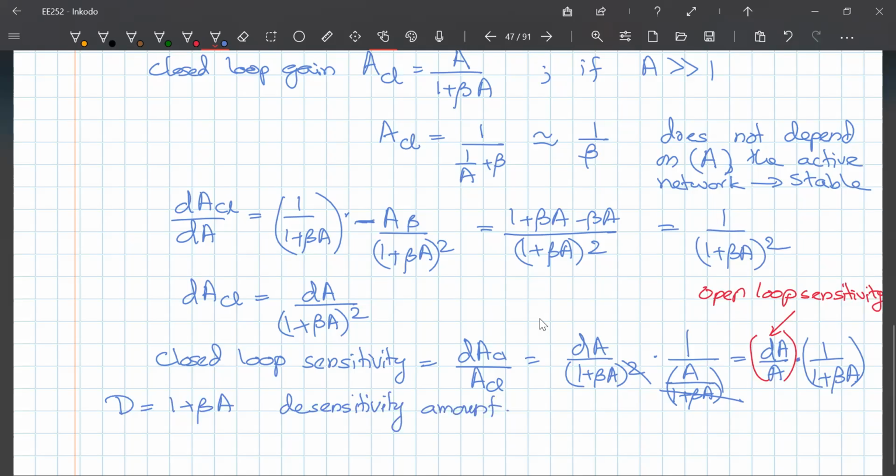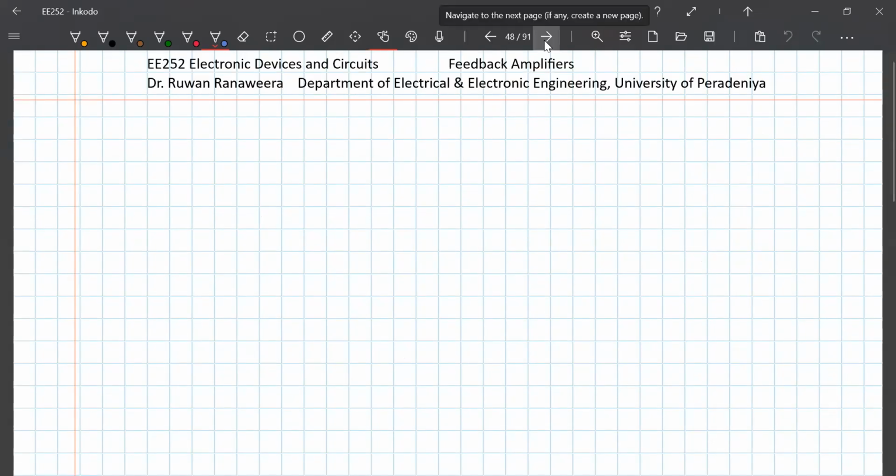So the closed loop sensitivity is equal to the open loop sensitivity divided by a large value, the desensitivity amount. So obviously, you can see that the gain variation, how much it varies with different factors, will be much less, because you are dividing by a large number, 1 plus beta A. Is this clear, guys?